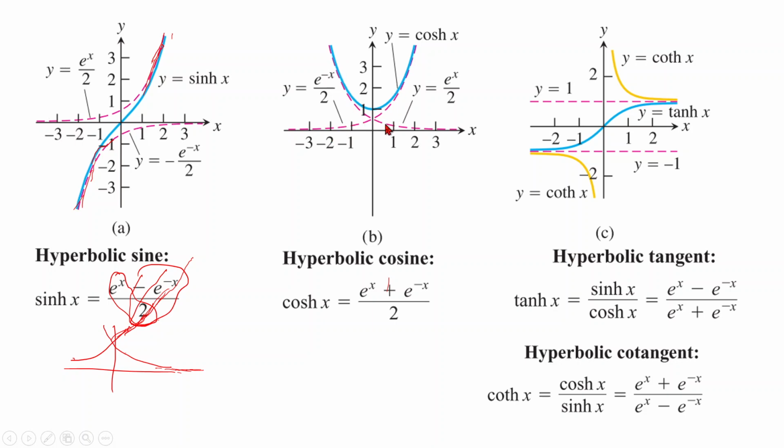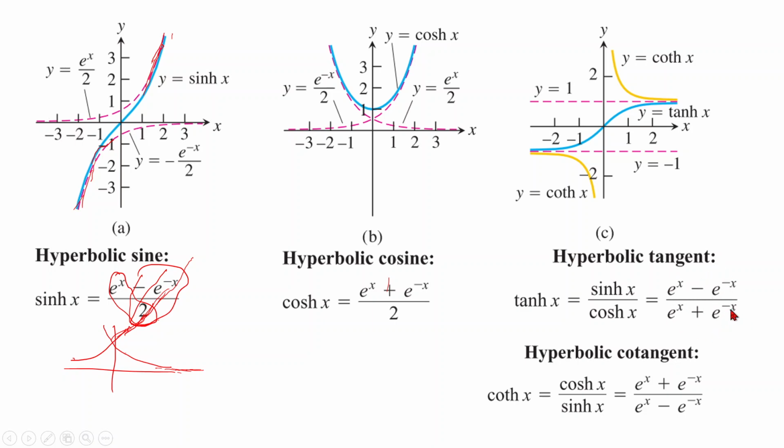Now, what is tan hx? Tan hx is this blue line by this blue line, sine by cos. That is e power x minus e power minus x by e power x plus e power minus x. Now if you observe, e power x minus some positive number by e power x plus some positive number.